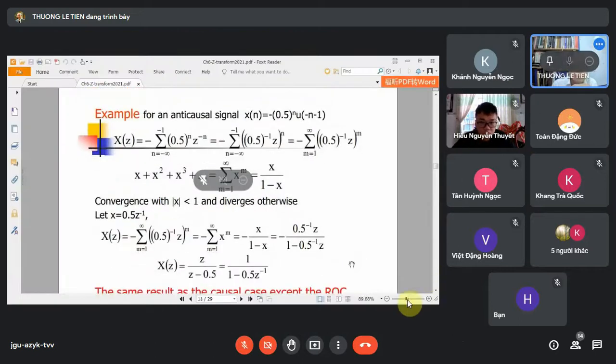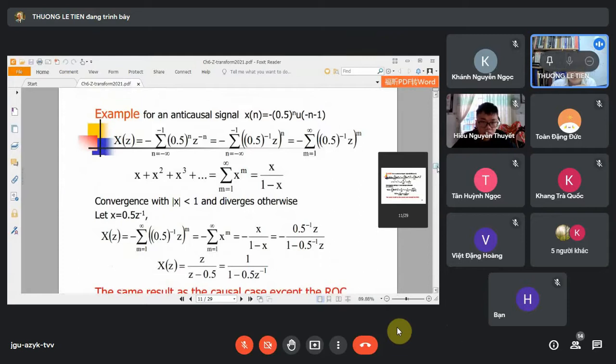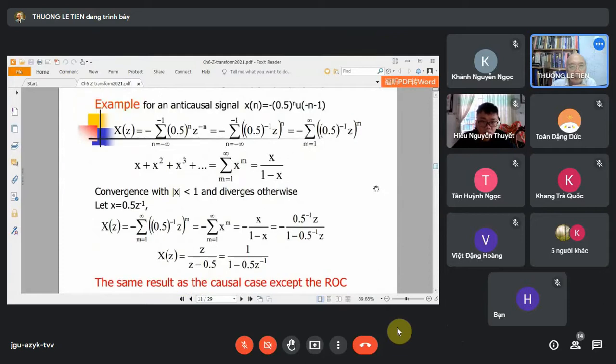Now, what about the anti-causal case? For the anti-causal case, we write down minus 0.5 to the power n, u[-n-1], like this. Again, we apply the Z transform formula. Then, using the infinite geometric series as well, we can get this result. It is 0.5 Z power of minus 1.